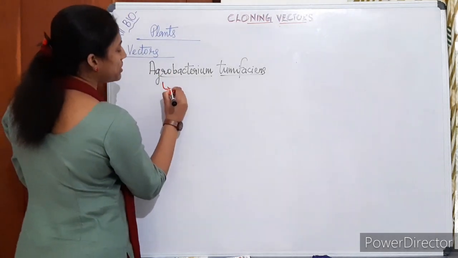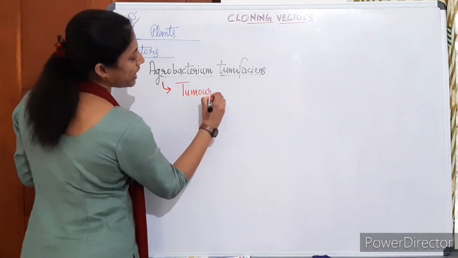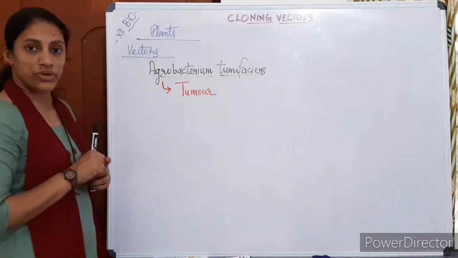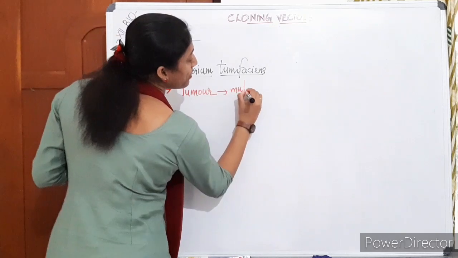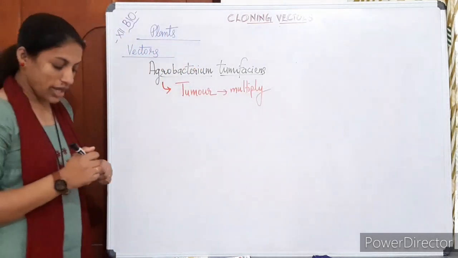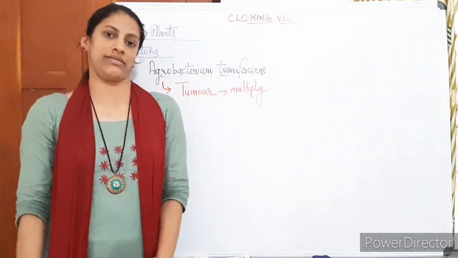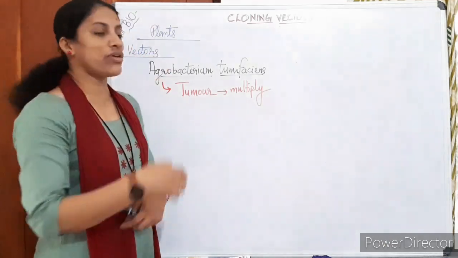This bacterium is able to produce tumor-like growth in plants. Agrobacterium tumefaciens can produce tumor-like growth in plants. That means it can multiply and produce large number of cells. An organism producing a tumor means it is multiplying inside the cells. So that is a replicating ability. We can use it for cloning.